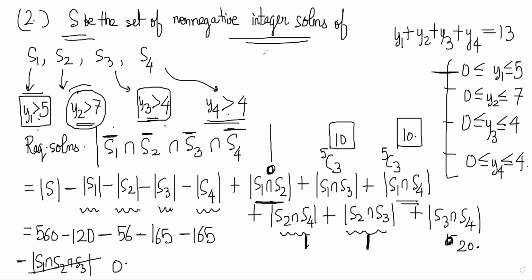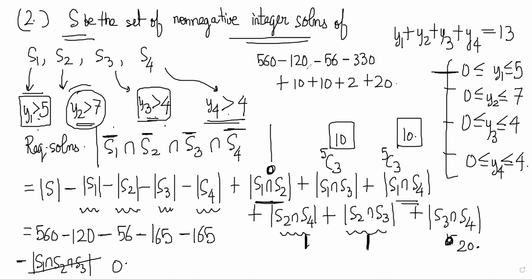So finally, your answer will be 560 minus 120 minus 56 minus 330 plus 5C3 is 10 plus 10 plus 2 plus 20, right?